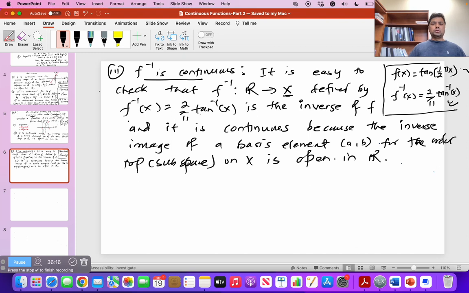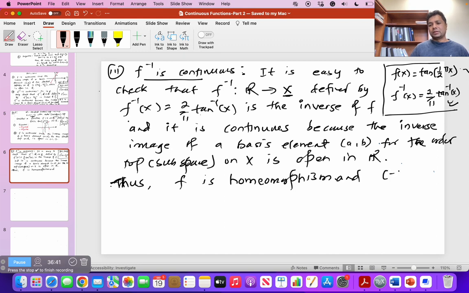Okay, so our function satisfies all three conditions for a homeomorphism. Thus we can conclude that f is a homeomorphism, and the interval -1 to 1 and R are homeomorphic.